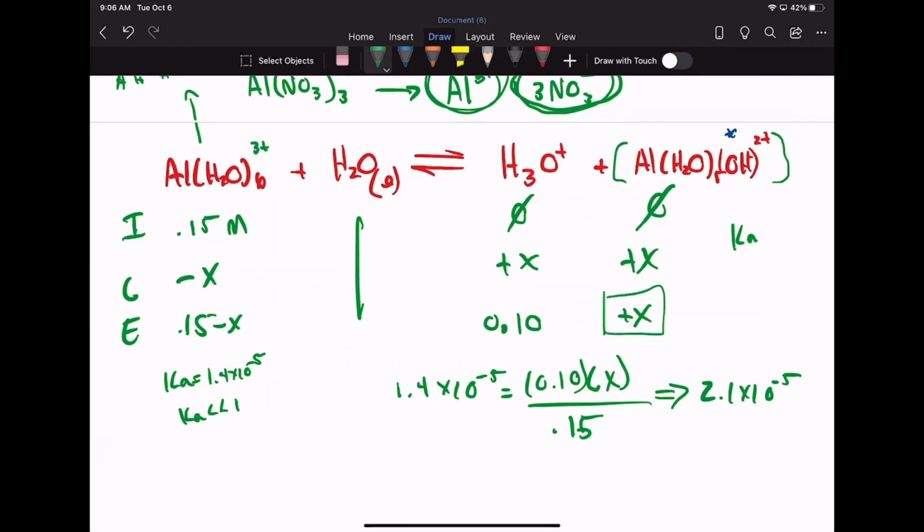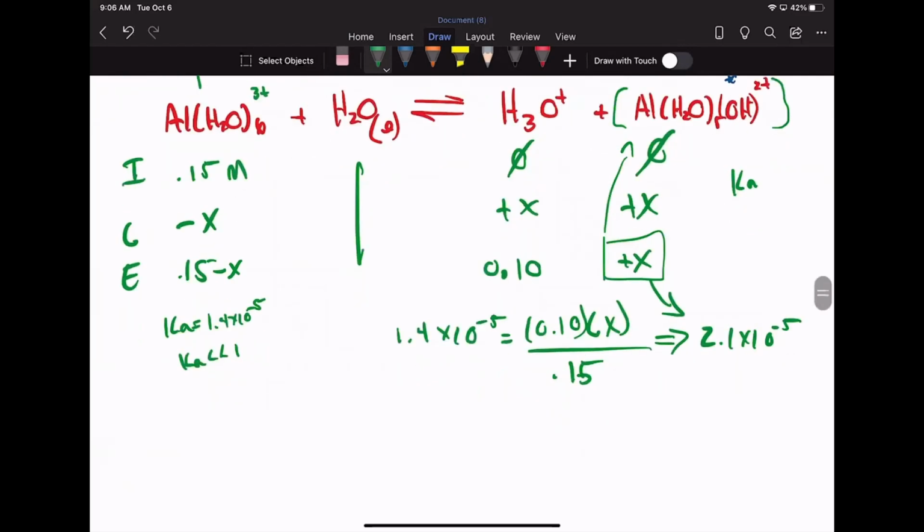It's right here. So the concentration is 2.1 times 10 to the minus 5.